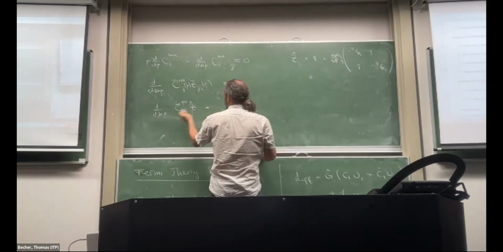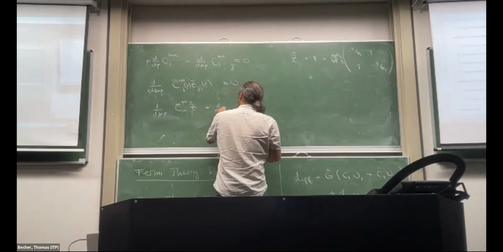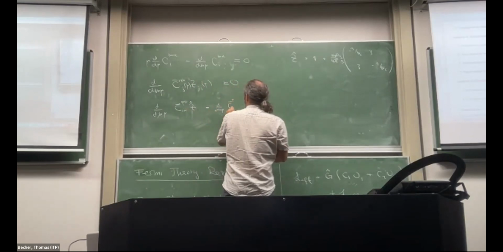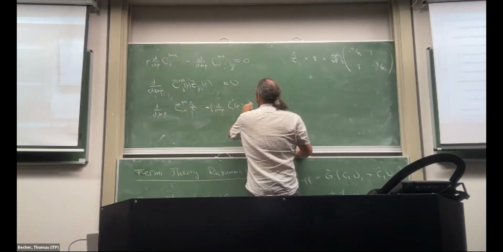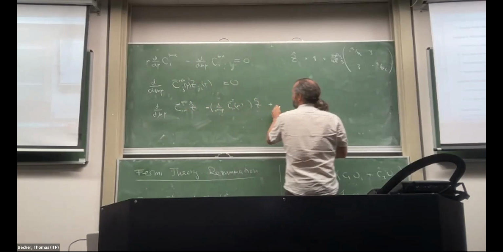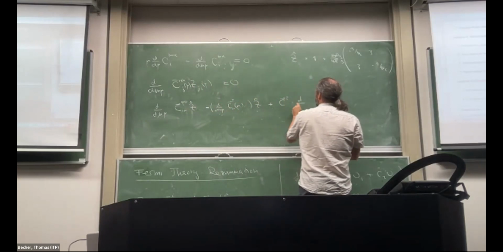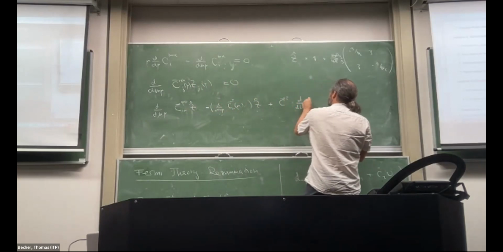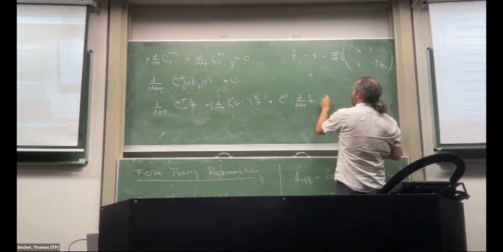And then this by product rule is d log mu of the C of mu times the matrix plus the coefficient times the derivative of the matrix. And this still has to be 0.